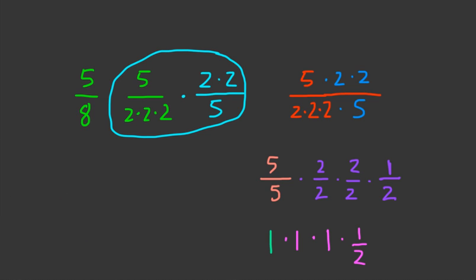So we could take this 5/8, and we can times that by 4/5 like we had before. We know that equals 20 over 40, and we know 20 over 40 equals 1/2. So either way, you're going to get to 1/2.